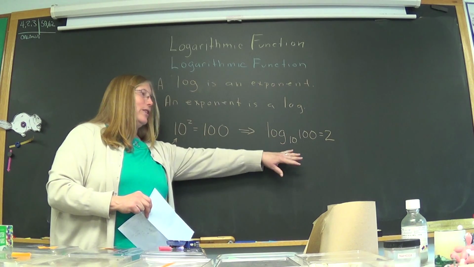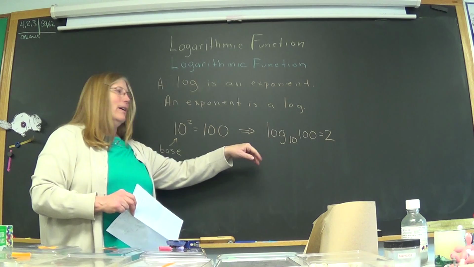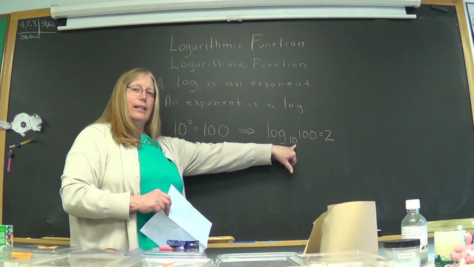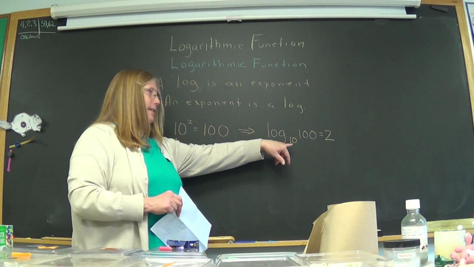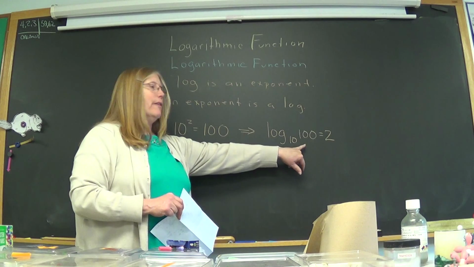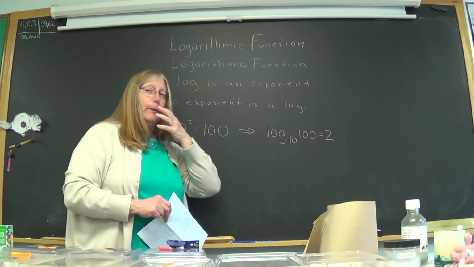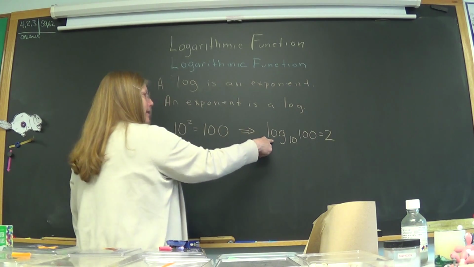There's no more secret information in this statement. The base number is written in a smaller script to the lower right of the word log, so it's a subscript. It's read log base 10 of 100 is 2. So this is saying what exponent? Remember, a log is an exponent.